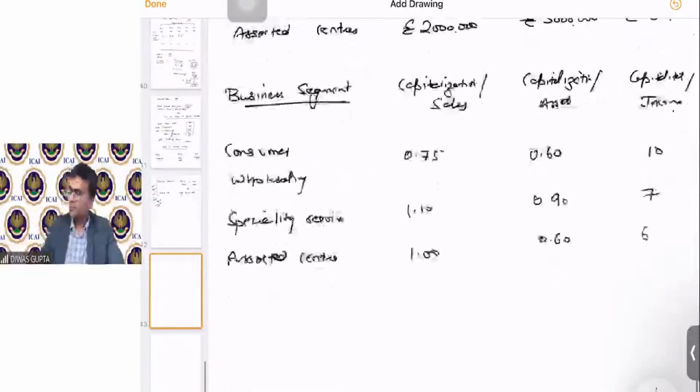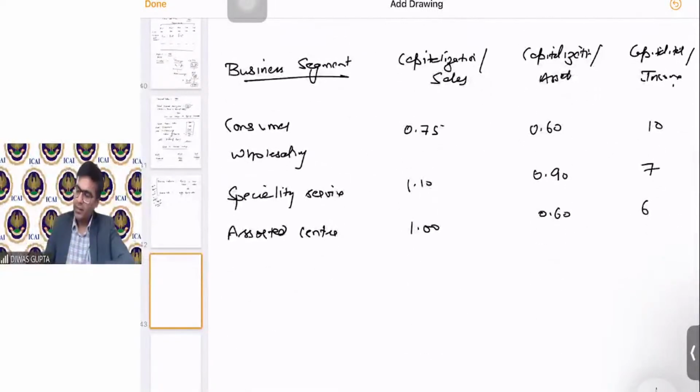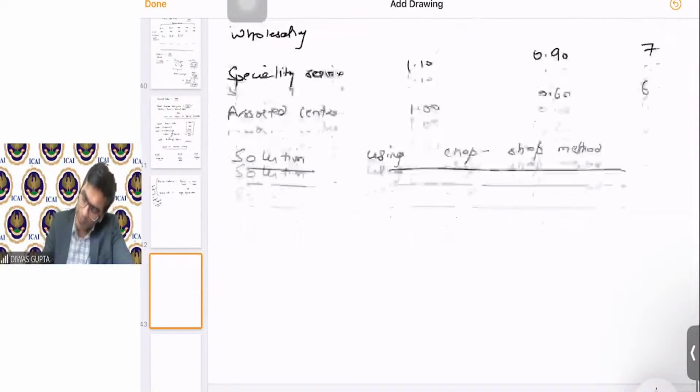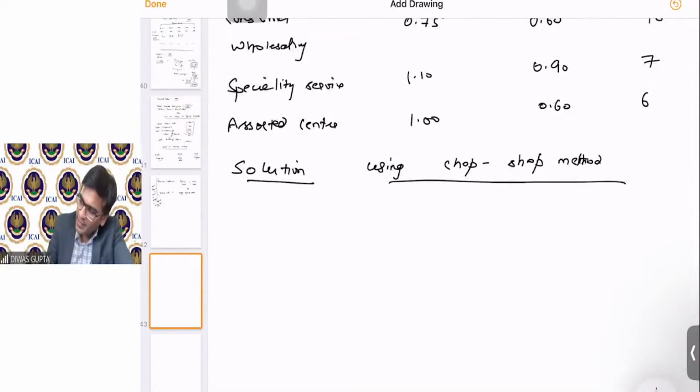Okay, now this is what is given. Now let's do the solution. Okay. Now in this case, first of all, we will do the sales related data, right?